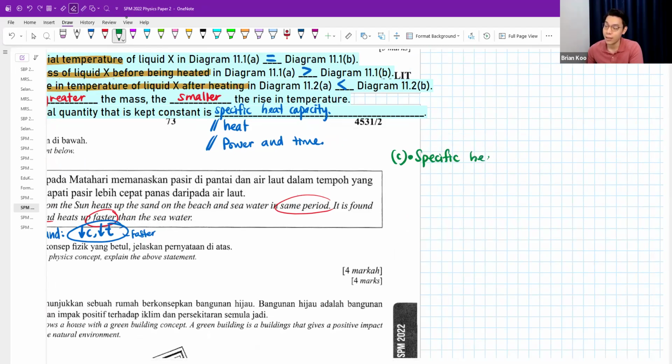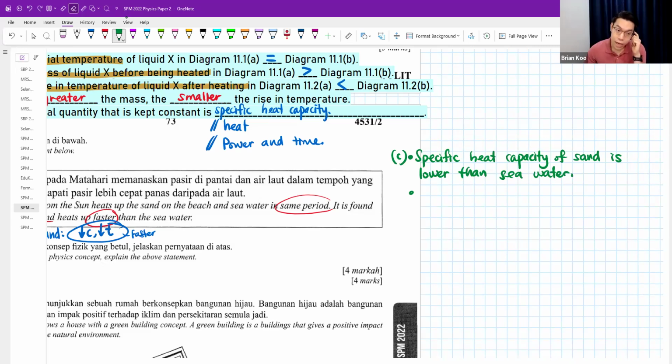Specific heat capacity of sand is lower than seawater. Okay, 1 mark. But then the rest, they don't really know how to say, or they answer the wrong thing.